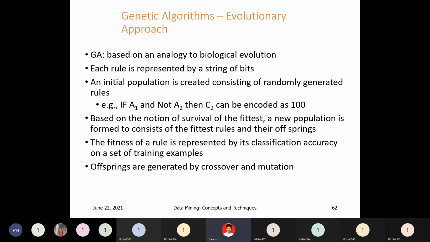Next one is the genetic algorithm. It is not like the previous classification algorithms. The genetic algorithm is related to biology.